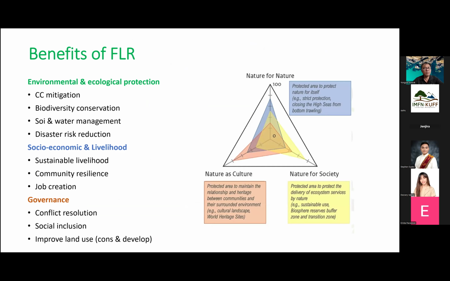So, the benefits of forest landscape plantation in general. We can have benefits for the environment or ecological protection, for example carbon mitigation, biodiversity conservation, soil and water management, disaster risk reduction, and for the socio-economic or livelihood.